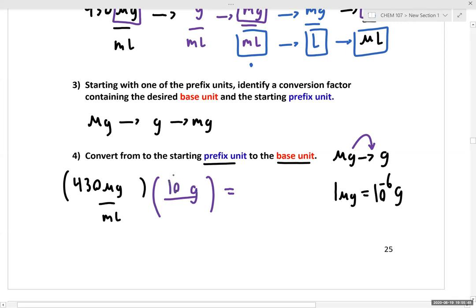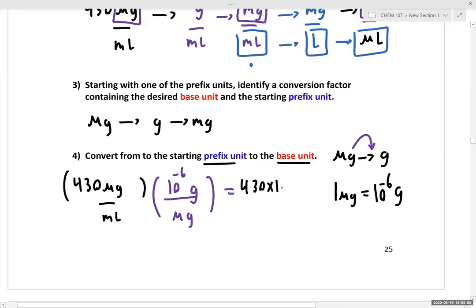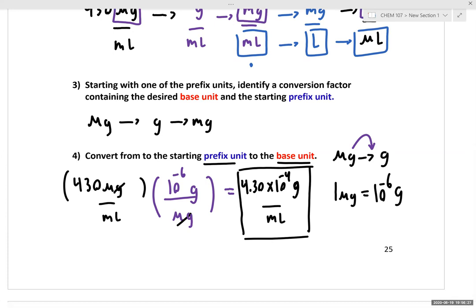So we know we have 10 to the negative 6th gram per microgram, and that in turn gives us 4.30 times 10 to the negative 4th gram per mil. Notice how the milliliter units don't disappear. Oops, sorry, this shouldn't be 430, it's 4.30 times 10 to the negative 4th, and you get this when you punch these two numbers together into your calculator. Any questions on this first step?